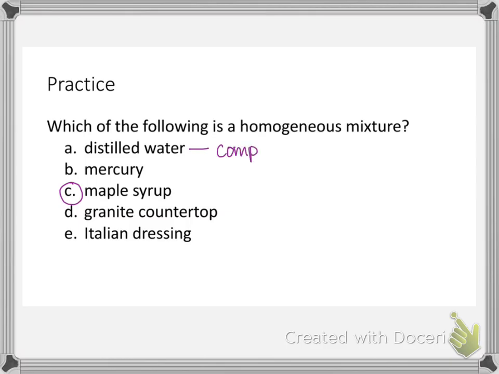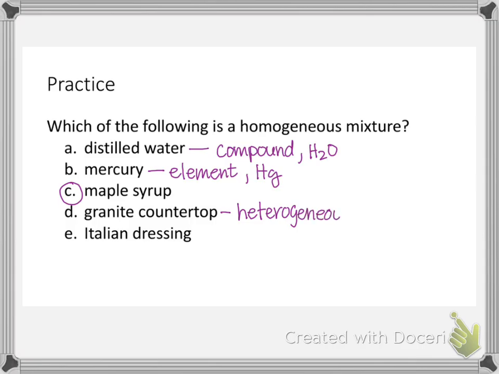So this is a compound. Mercury is an element. It's on the periodic table, number 80, Hg. A granite countertop is a heterogeneous mixture. And Italian dressing is also a heterogeneous mixture.